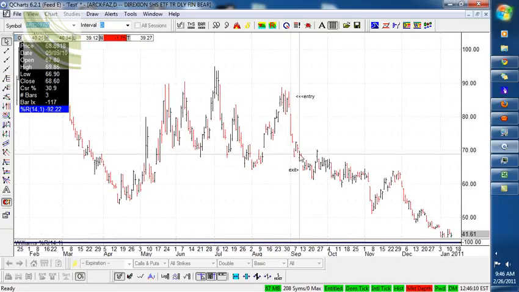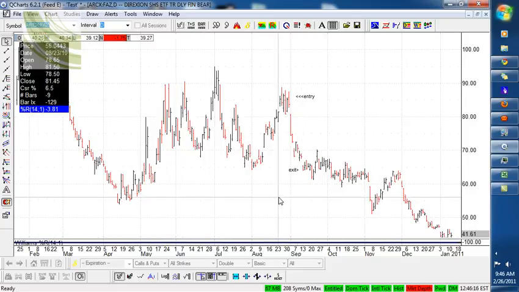Now, quite frankly, prices went a lot further, and that's the way it goes. Because if you use something that's very mechanical with Andrews that gives you exact targets or exact time targets, that's what you're going to get. You're going to get out early in some situations or a little bit late.